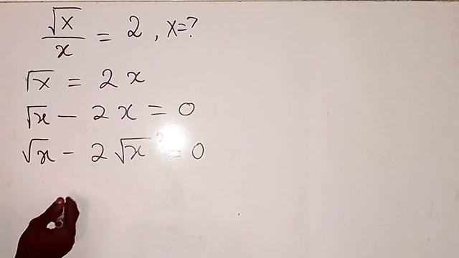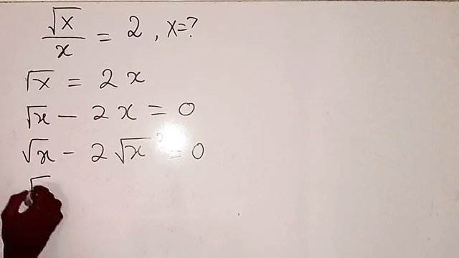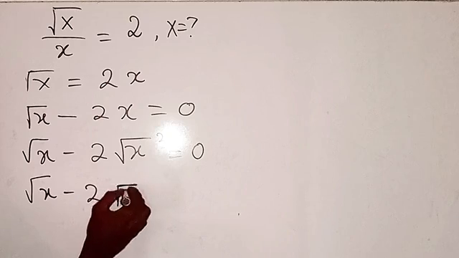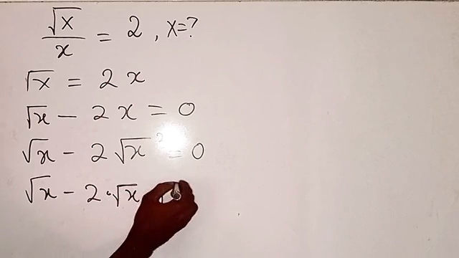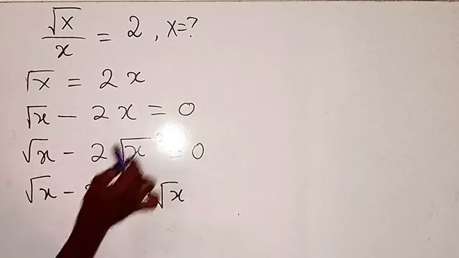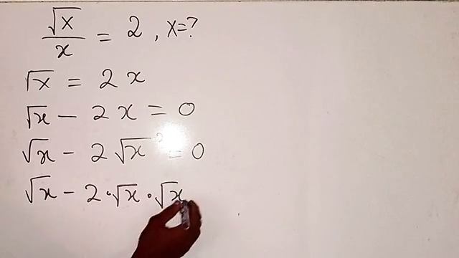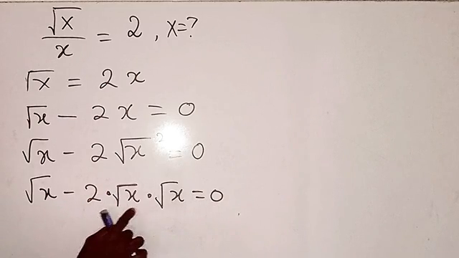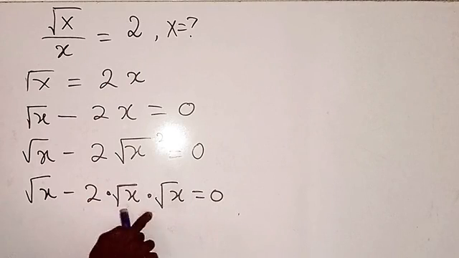So now the next thing we're going to do, we're going to have root x minus 2. This can be written as root x multiplied by root x, because we are having root x 2 times. So equal 0. Now from here, we see that root x is common to both terms.